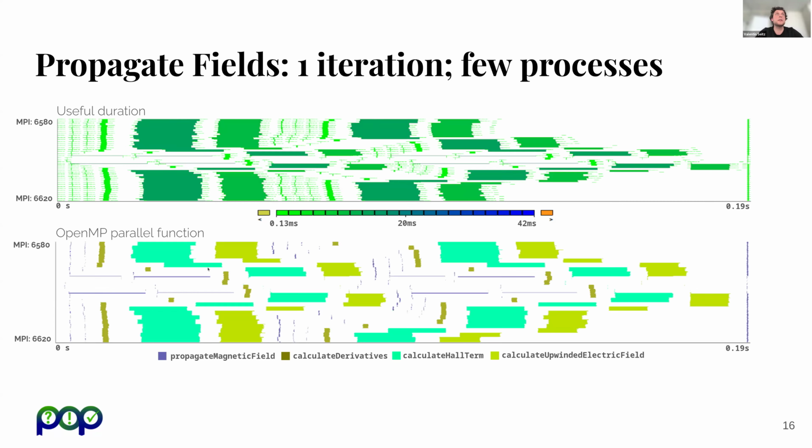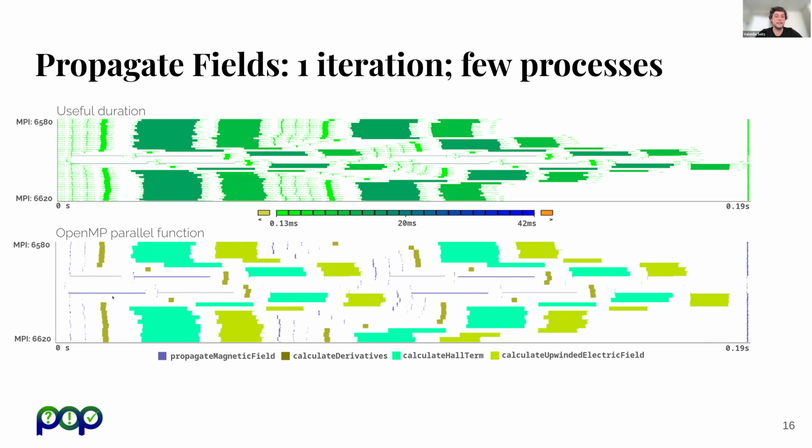And this actually becomes more obvious if we look at the OpenMP parallel function, and we can see, for example, that the calculate Hall term should be a straight line in theory, and as well as the calculate upwinded electric field in theory, or in the best case scenario, would be a straight line. What we actually see is that we have these regions here, these code regions, that seem to delay the whole computation phase by quite a lot.